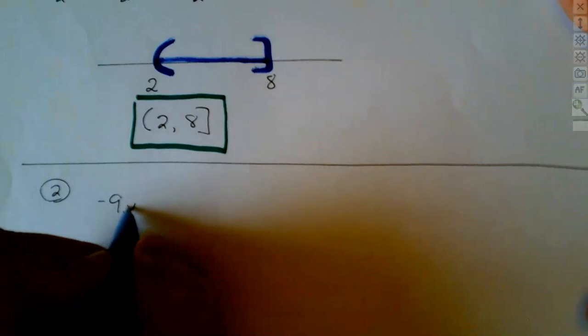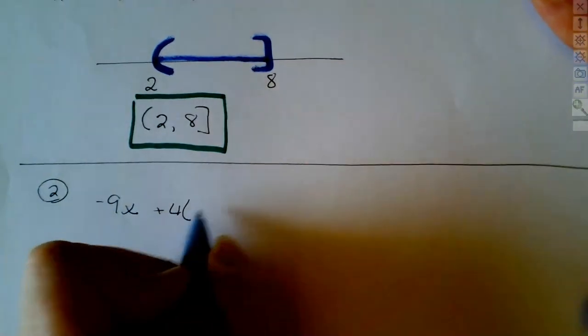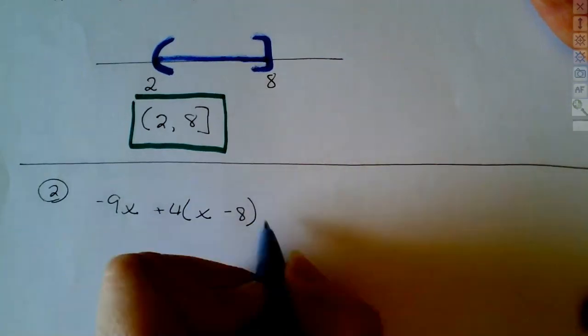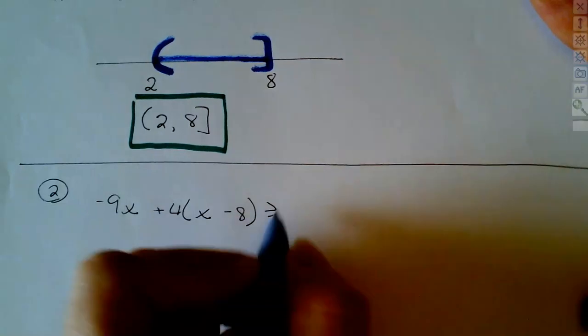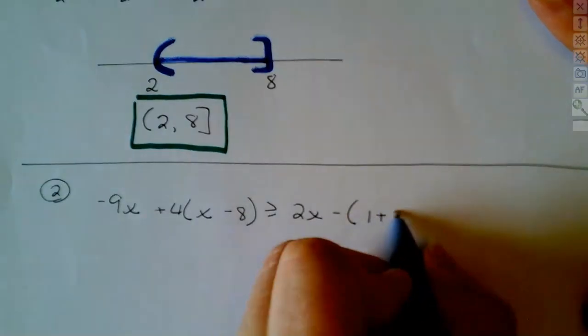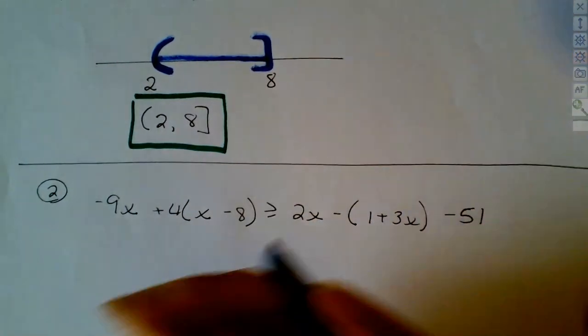So we have minus 9x plus 4 times x minus 8 is greater than or equal to 2x minus parentheses 1 plus 3x minus 51.